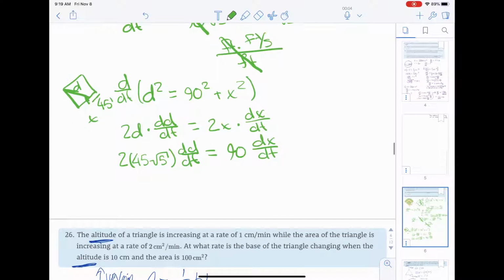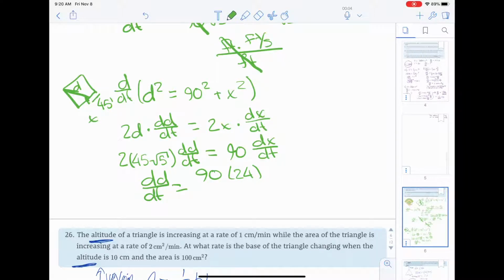And so now we just have to simplify this for dD dt, and we're left with dD dt is equal to 90 dx dt, which we know is 24, and since it's increasing, it is now a positive 24.